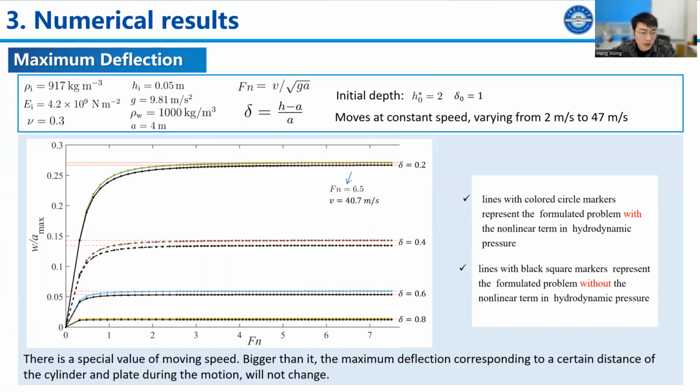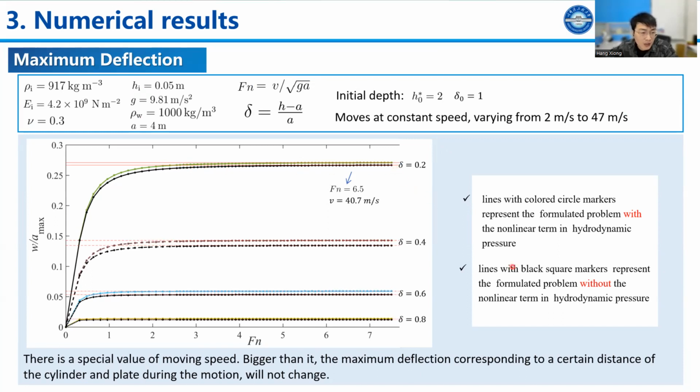For example, for delta equals 0.2, when the velocity equals 40.7, the maximum deflection will not change.